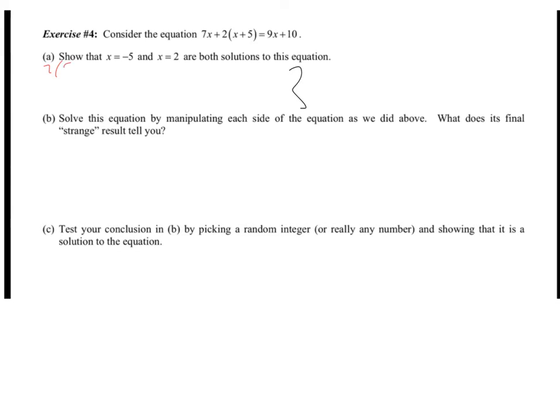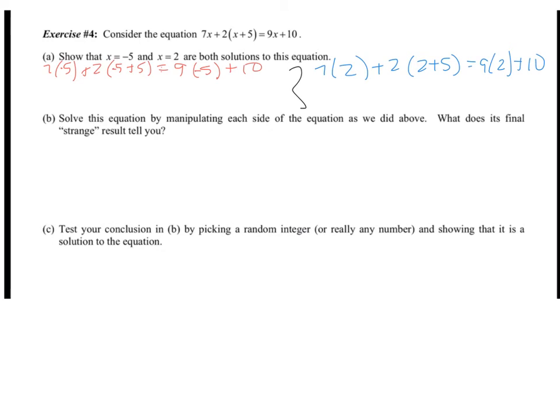So 7 times 5 plus 2 times 5 plus 5 equals 9 times 5 plus 10. Oh, sorry, that should be negative 5. So negative, negative, negative. And then we have to do the same thing for 2. So 7 times 2 plus 2 times 2 plus 5 equals 9 times 2 plus 10.